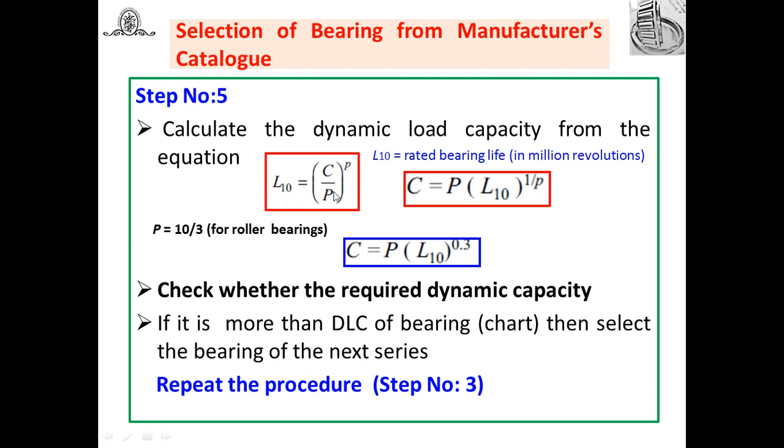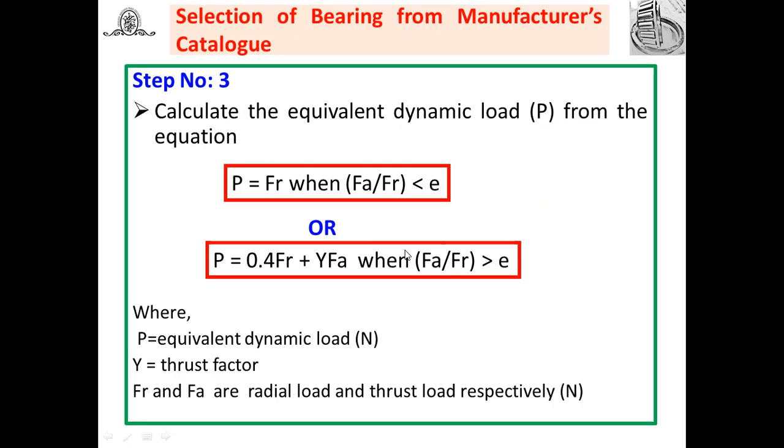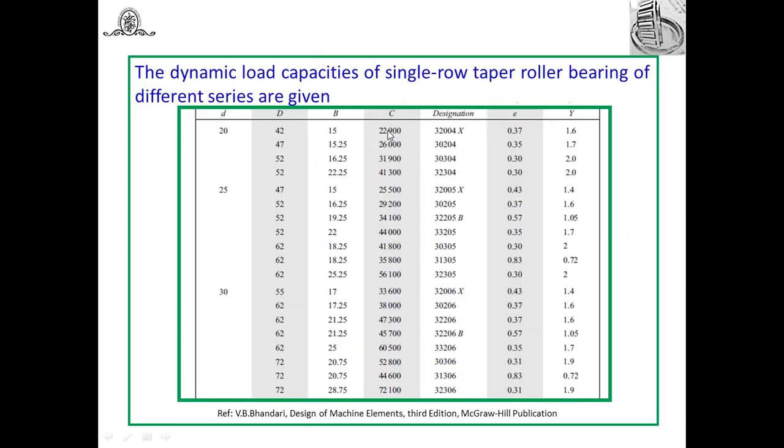L10 is equal to C upon P raised to small p, where L10 is the rated bearing life in million revolutions, C is the dynamic load capacity, P is the equivalent dynamic load, and small p is equal to 10 by 3 for taper roller or roller bearings. We have to substitute p equal to 10 by 3 and find out C, because here we have to calculate the dynamic load capacity of the taper roller bearing, and compare it with this chart as discussed earlier.